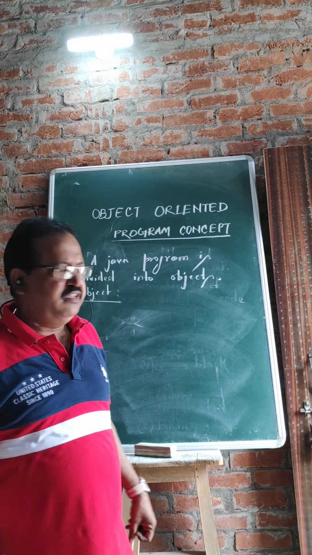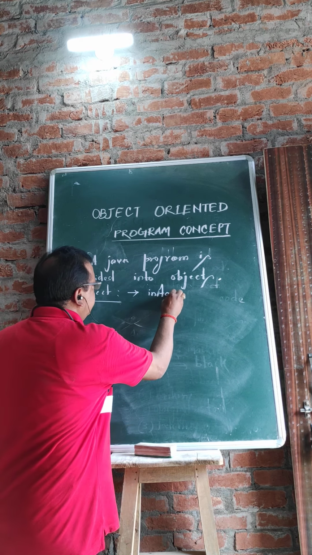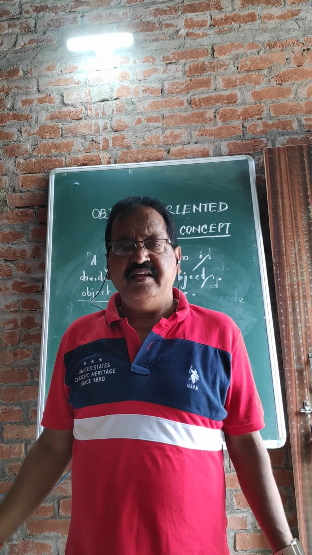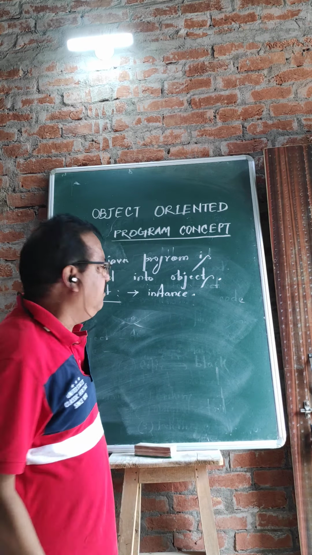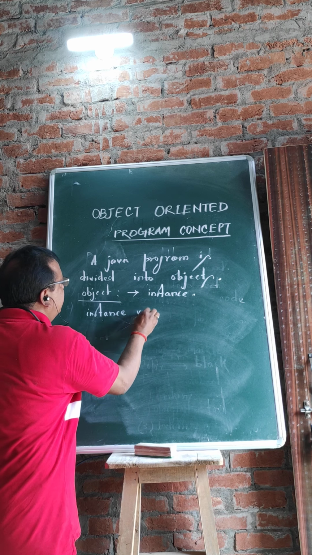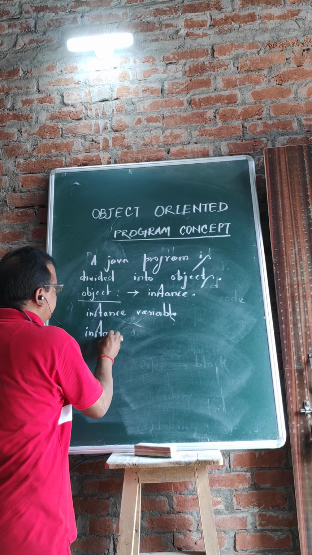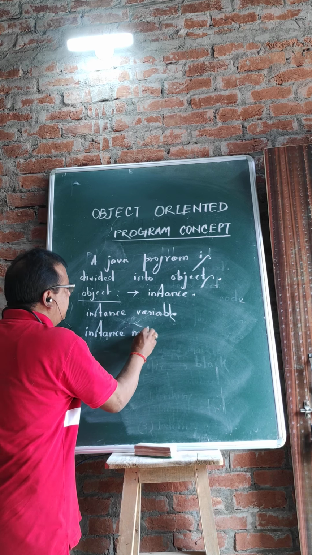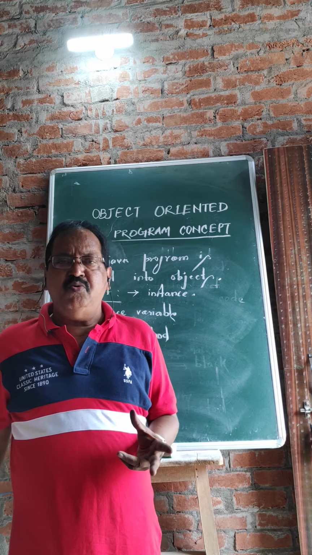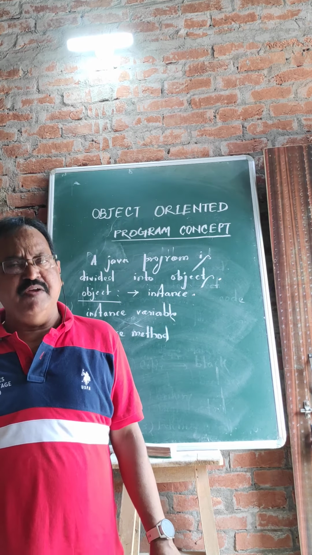In Java terminology, an object is also called an instance. An instance has instance variables and instance methods. So, an object in Java terminology is called an instance. It has both instance variables and instance methods.